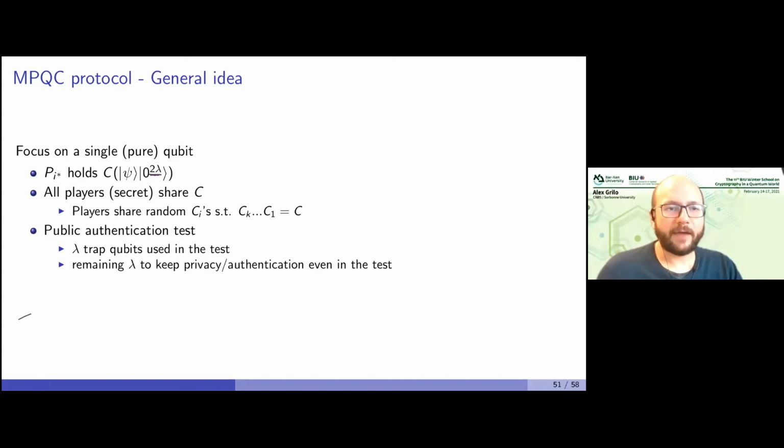The idea is that half of these trap qubits will be used to test authentication in a public way. And the remaining lambda ancilla qubits will be used to keep privacy and authentication even during this test. The point is we don't want to lose the state in this test. We need that even during the test, the authentication and privacy of the qubits will be maintained.